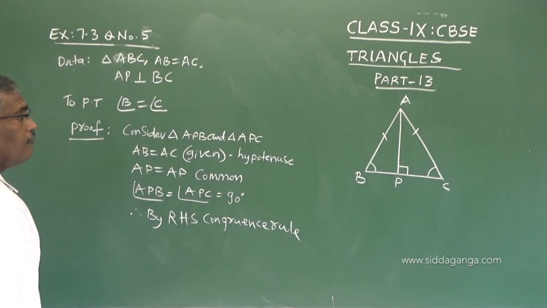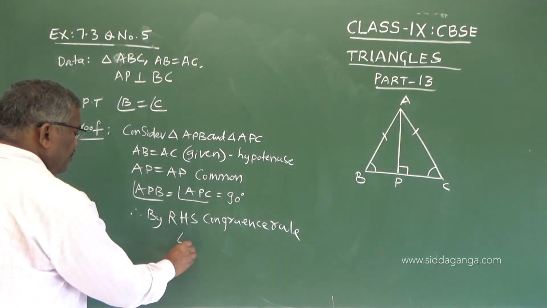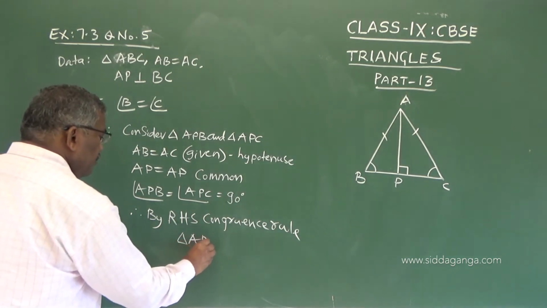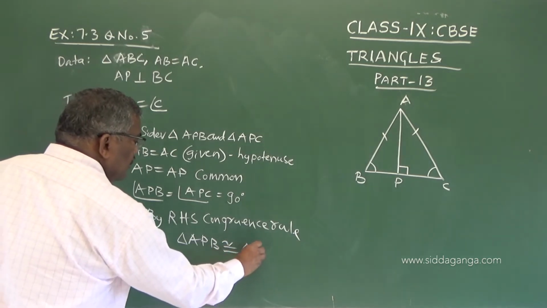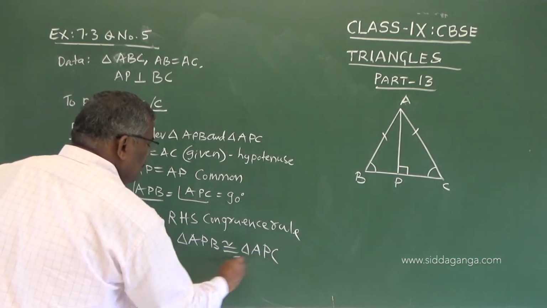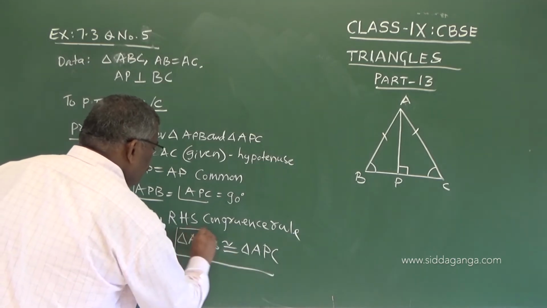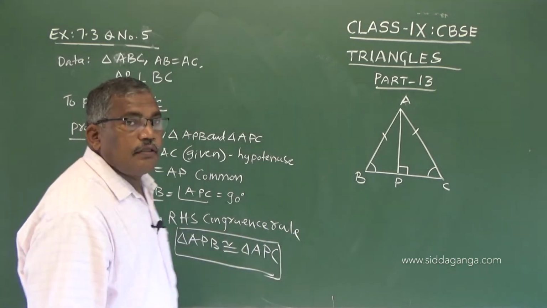We can say triangle APB is congruent to triangle APC.